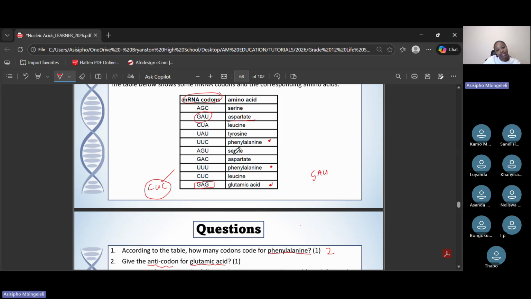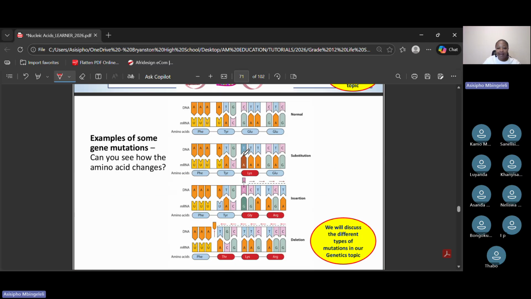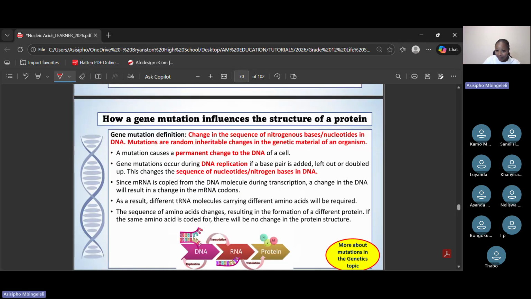That's it. We are going to leave it there for today. Now, I will resend the activities, the same activities from last week. There was DNA replication and protein synthesis.